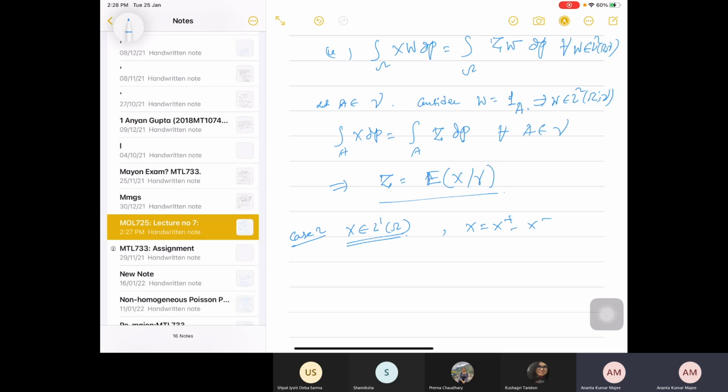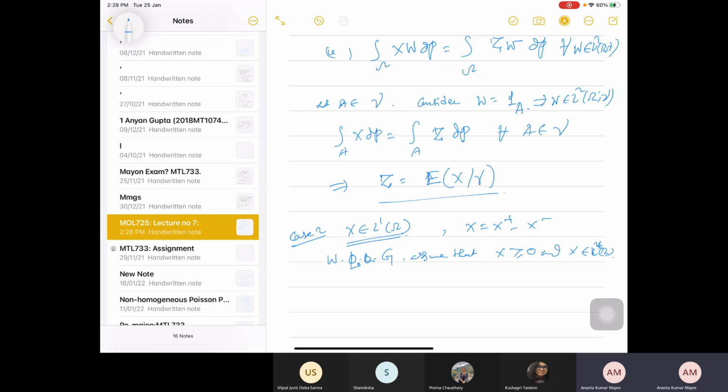So without loss of generality we can assume that my x is non-negative, and x is in L1 of my omega. So now I have a non-negative integrable function.